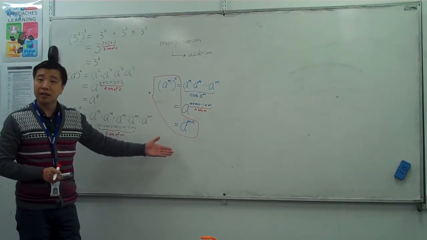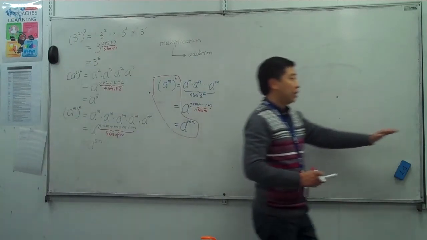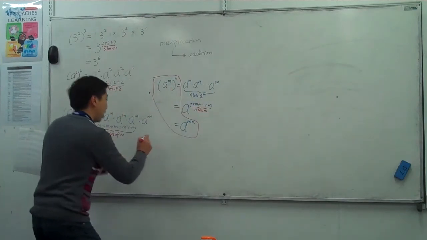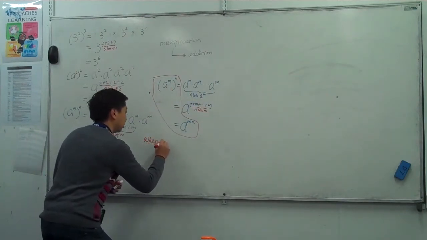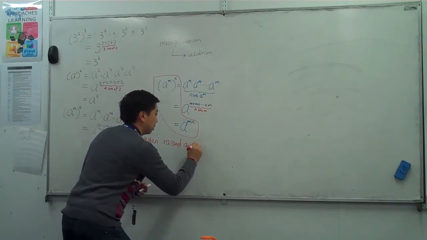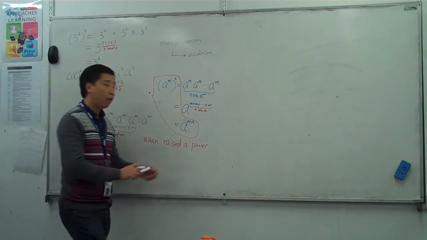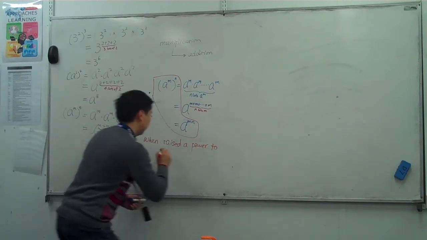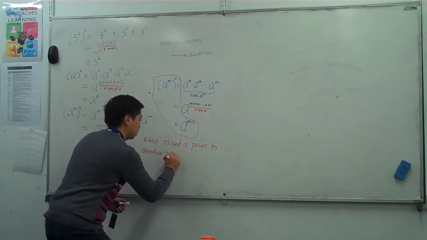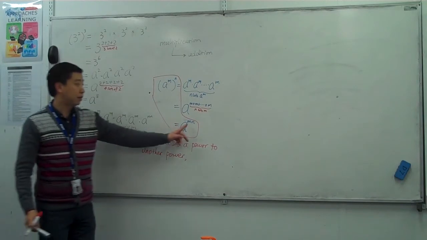For this law, let's have a look at how I can write the description of the law. In this situation, when raised a power to another power, what do I do for the power?